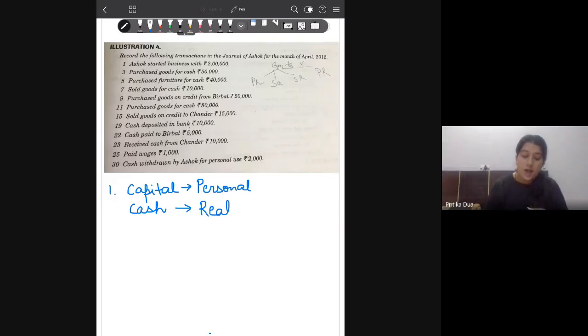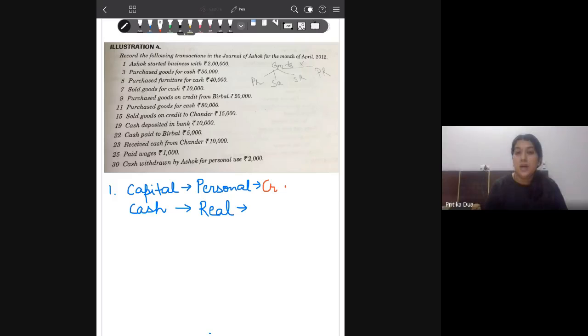After that, we follow the rule which we have done. For personal account, debit the receiver, credit the giver. Now Ashok is giving funds to the business, so credit the giver. On the other hand, cash is coming into the business.